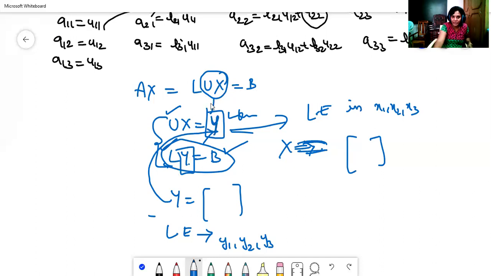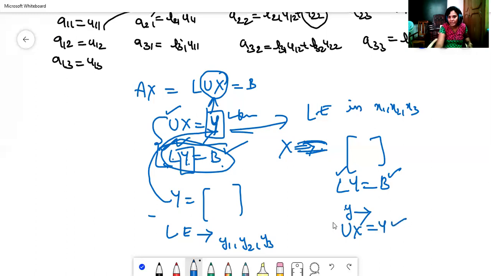Substituting Y above, we get LY equal to B. From this equation, LY equal to B with known matrices, we get the Y matrix. Next, UX equal to Y, with known matrices, we get the X matrix. This is the procedure of LU decomposition or the factorization method.